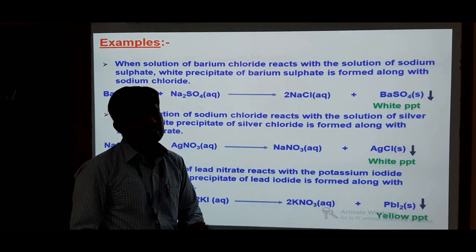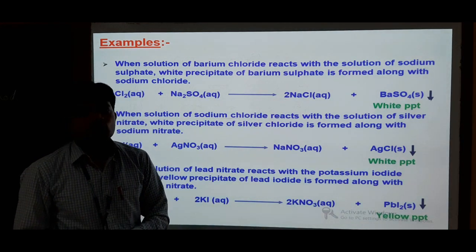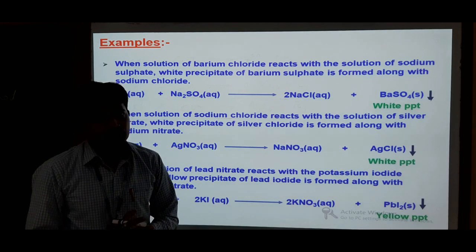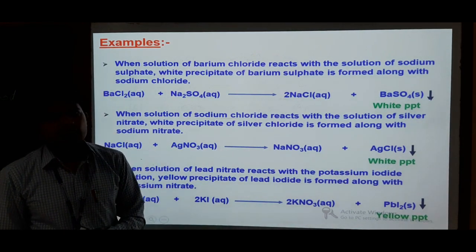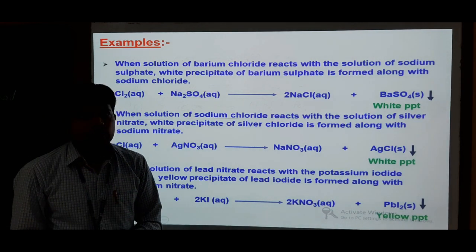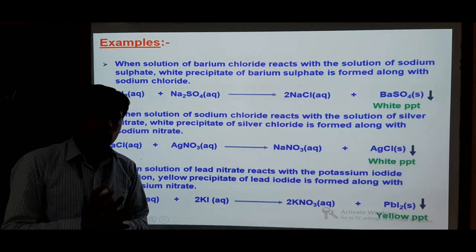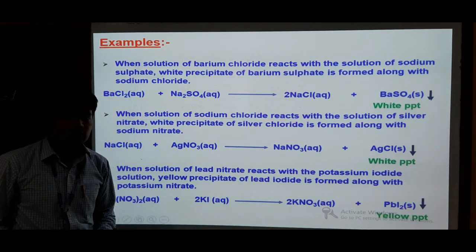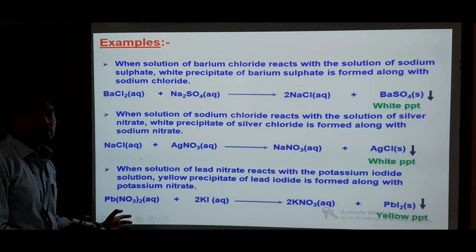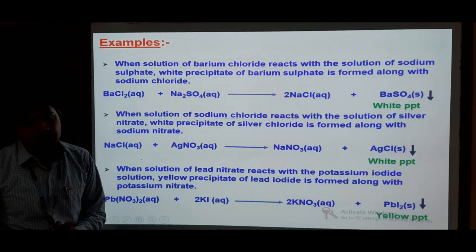Lead iodide is yellow in color, so you will get a precipitate of yellow color. So here again you can see that a precipitation reaction, a double displacement, has taken place. Why is double displacement called a precipitation reaction? Because in it a solid, a precipitate, is forming. Again this reaction we are going to see through a video.